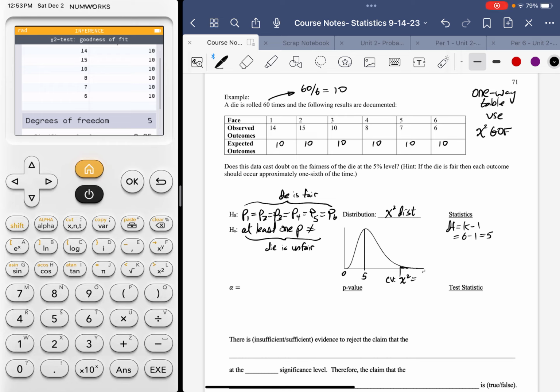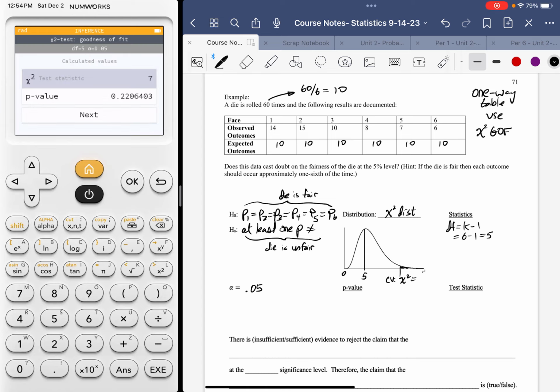It recognized that because I put in 6 entries. I have 6 categories, so therefore my degrees of freedom should be 5, so that's nice. 0.05, they did tell us 0.05. I sort of glossed over what the question was asking. Does this data cast doubt on the fairness of the die at the 5% level? All right. So there you go.